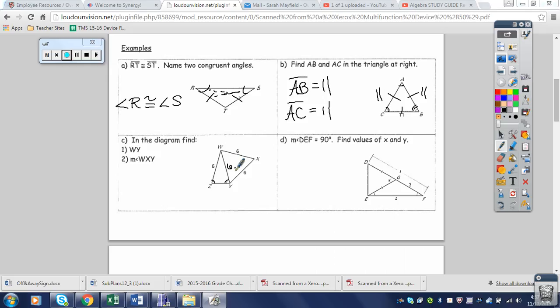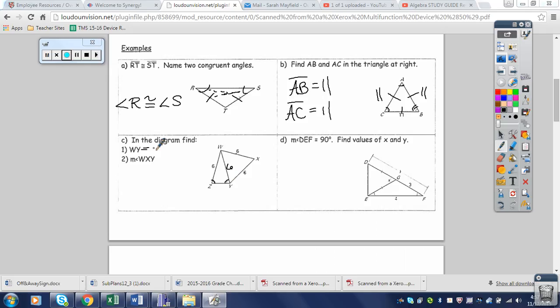Okay? Now be careful. You cannot assume WXY is equilateral because all you know is that this is 6 and this is 6. You don't know anything about this piece yet until you conclude that this triangle is isosceles, so that this is 6. So then you can conclude that WXY is equilateral.